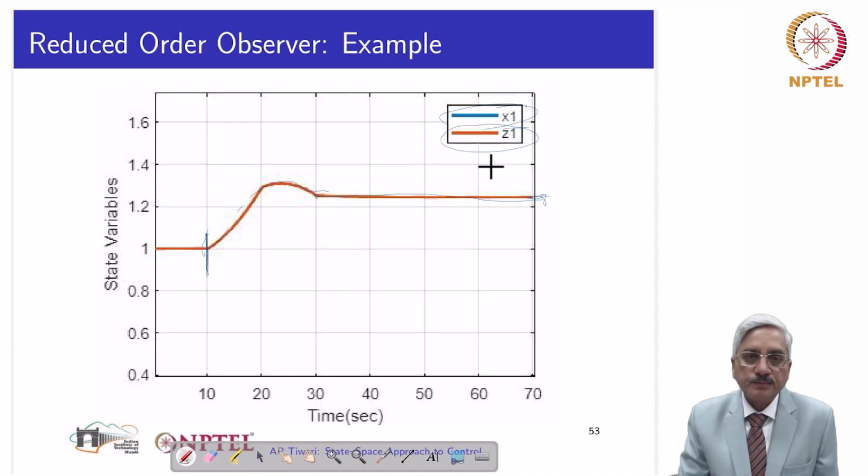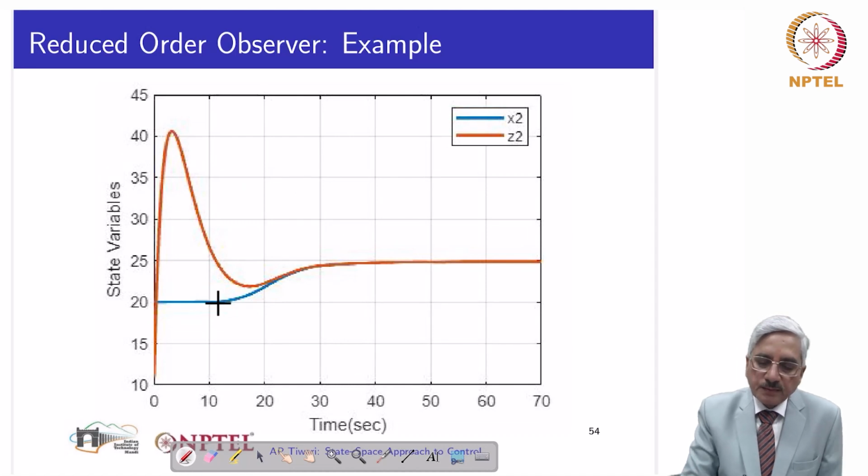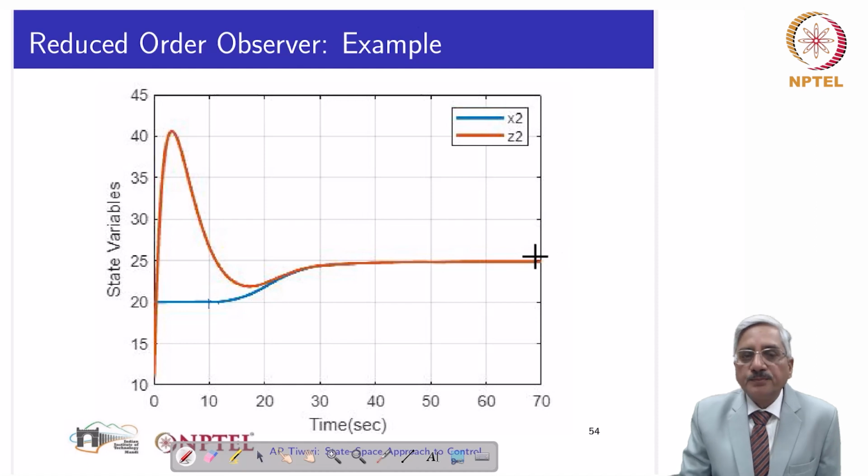That is the equation. We see what happens for X2 and Z2. Here, this is the plot of X2. Because the input variation starts at t equal to 10, the state X2 goes from 20 to something like 25 in this fashion.